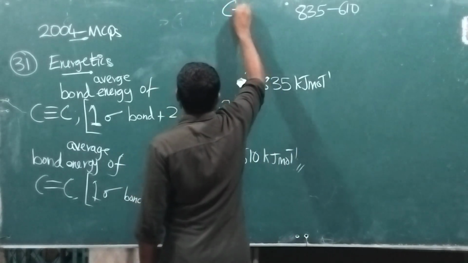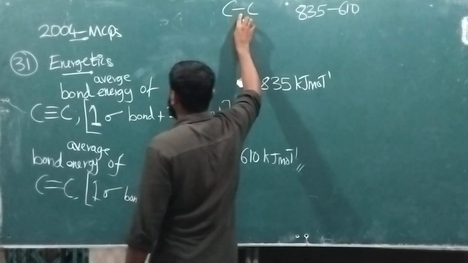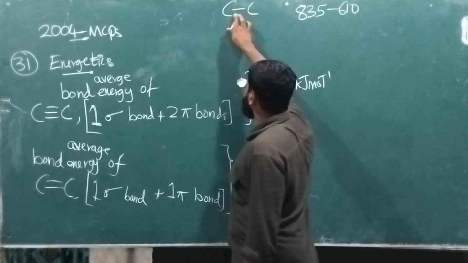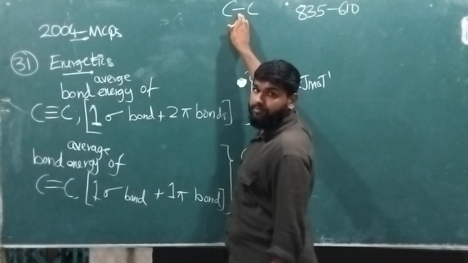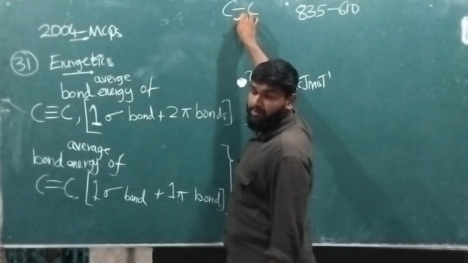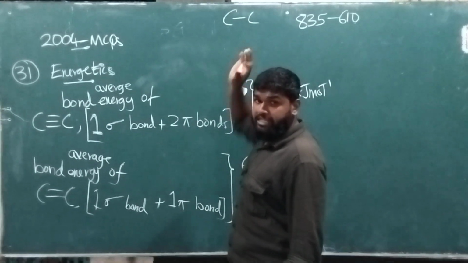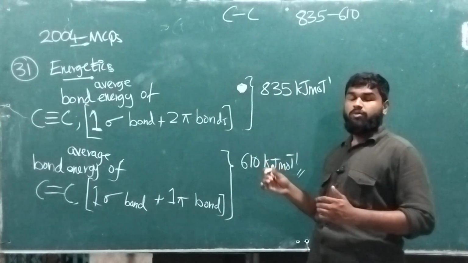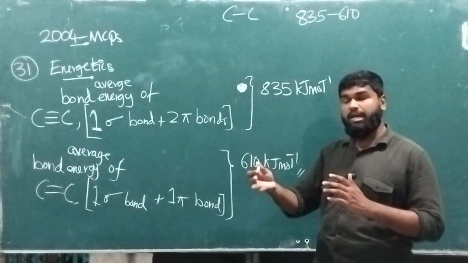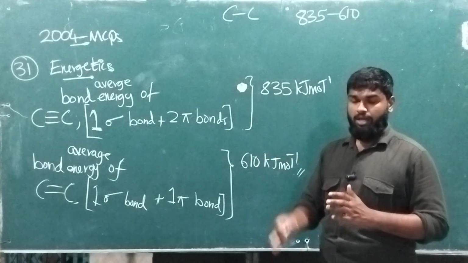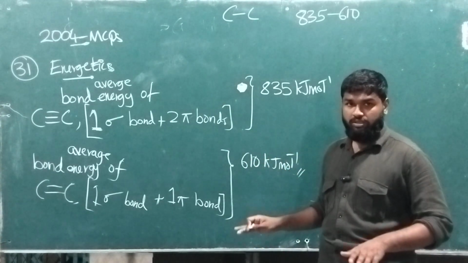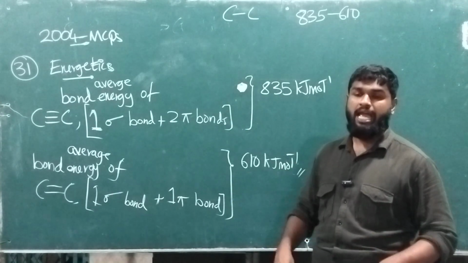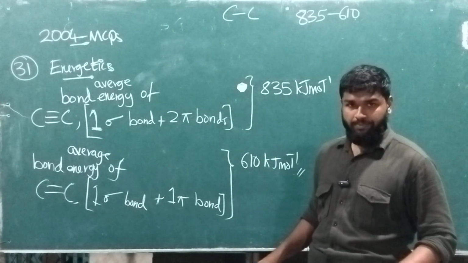The reason is, when you have this bond C dash C, you should know this bond is actually not a pi bond. This has to be a sigma bond. All the single bonds that we have in our syllabus, in the majority of the compounds, are sigma bonds only.